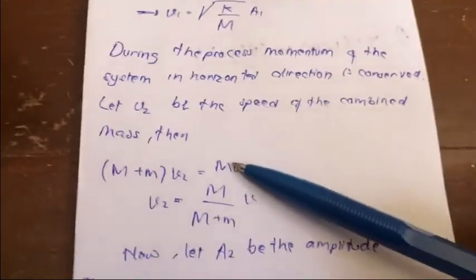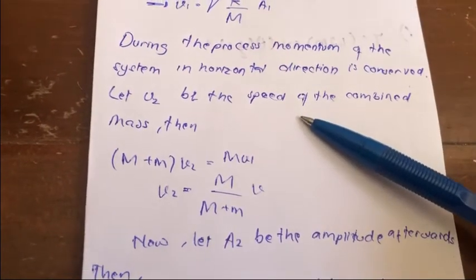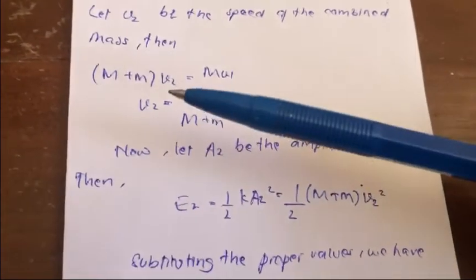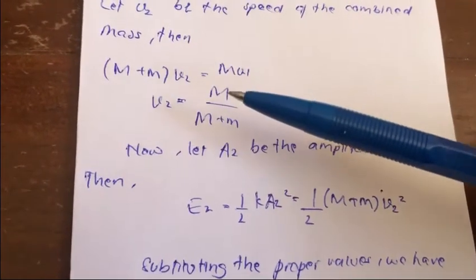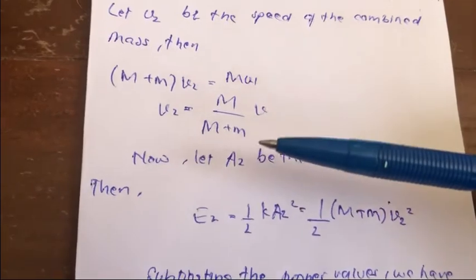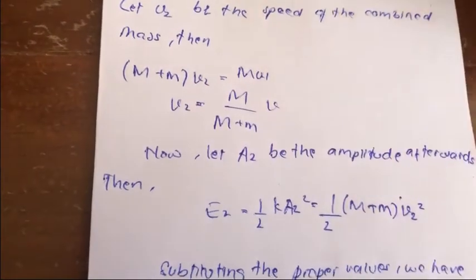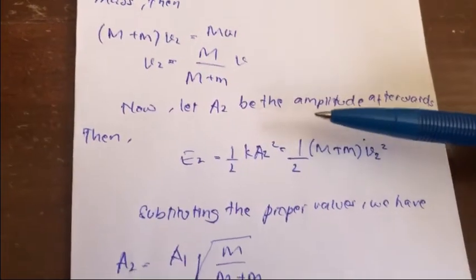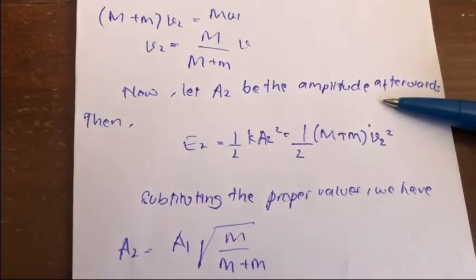During the process, momentum of the system in the horizontal direction is conserved. Let V2 be the speed of the combined mass. Then (M plus m) multiplied by V2 equals M V1, and we get V2 equal to M divided by (M plus m) times V1.